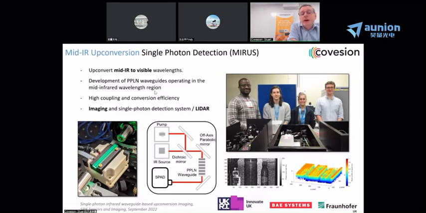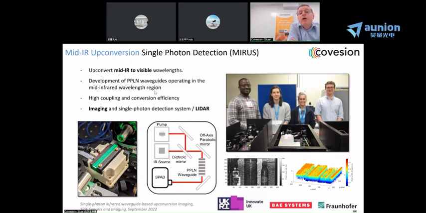So the silicon SPAD has very high sensitivity and can be gated for time of flight measurement. SPADs are not yet available for the mid-IR operating range. So the solution is to perform wavelength conversion from the mid-IR to the near-IR where a SPAD will operate.